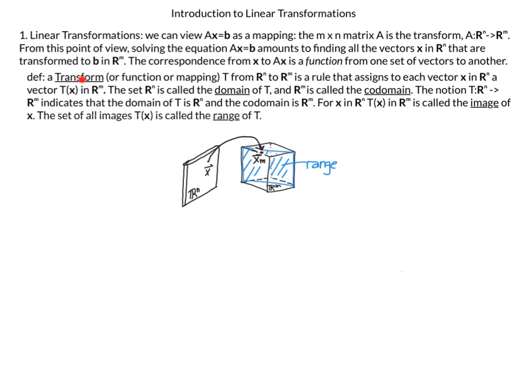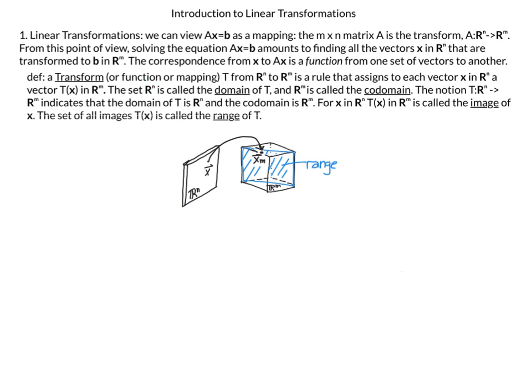From this point of view, the transform, often referred to as a function, I often use the word mapping. So the transform or mapping T from Rn to Rm is a rule that assigns to each vector x in Rn a vector T of x in Rm.